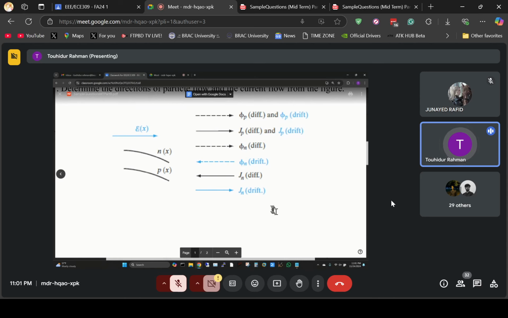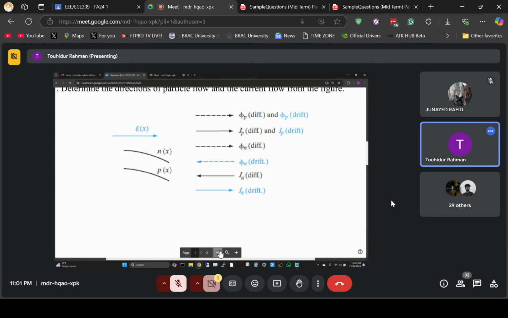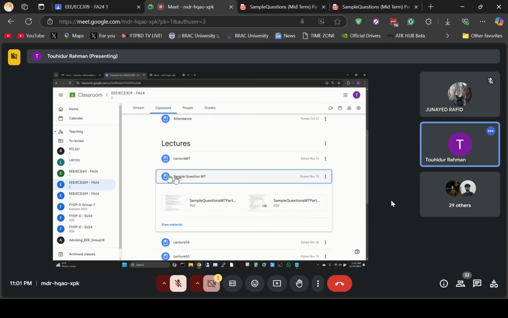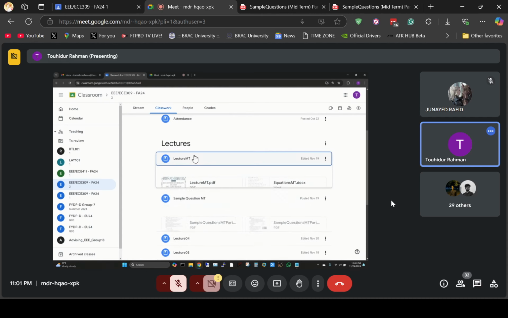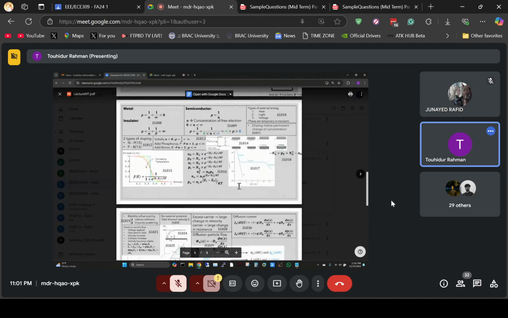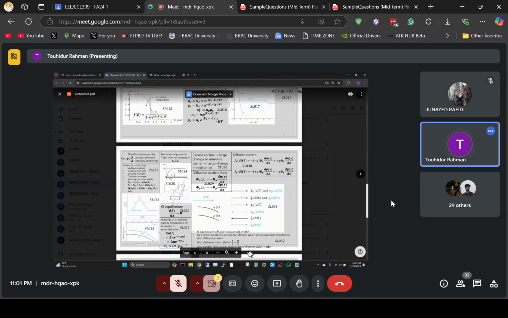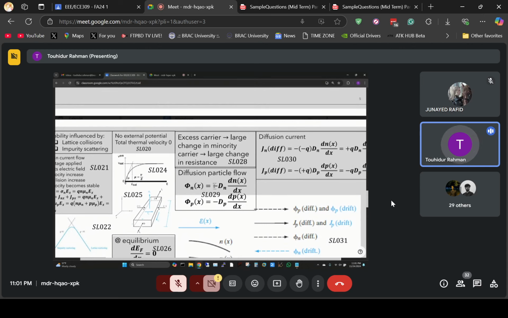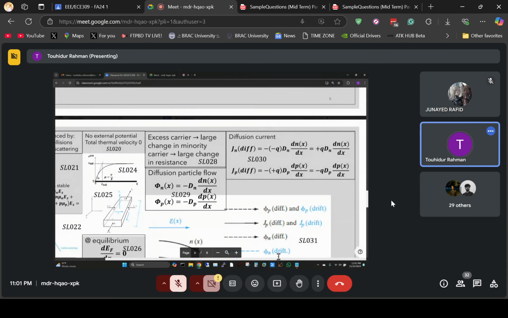I can show you the mathematical proof. Let me go back and do that. Here it is. As you can see, the particle flow is minus dn/dx.